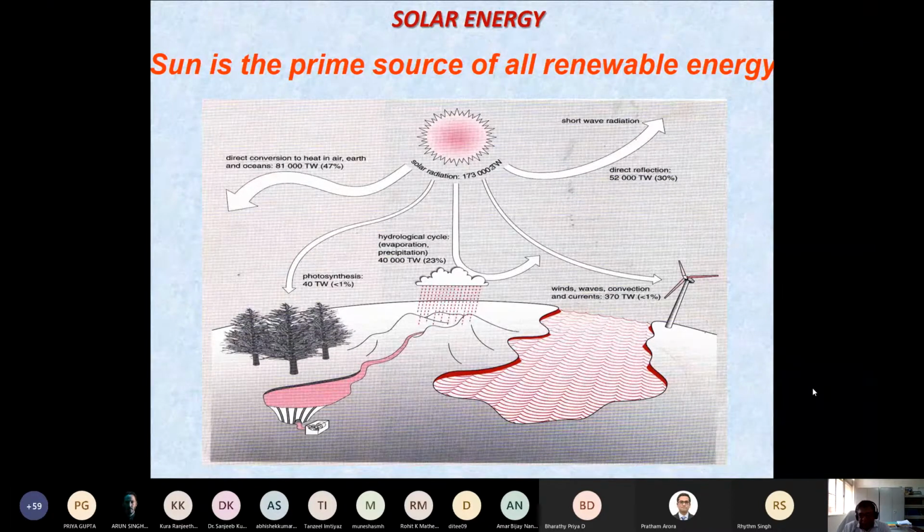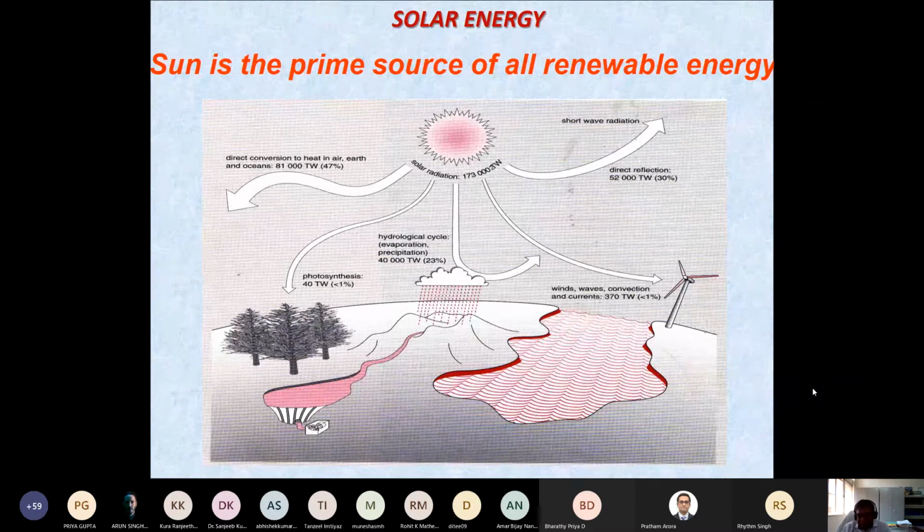So before you start designing the system, you should be clear about the nature of the solar energy, how it is reaching you, so that you can take it as the input to your system. Based on that, you will design.